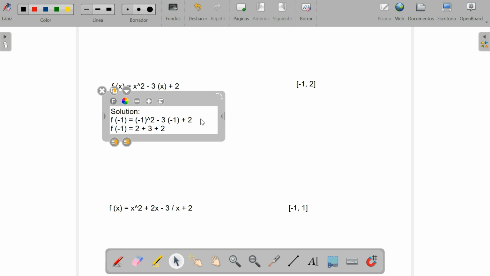And let's see, f(-1) is equal to 2 plus 3.